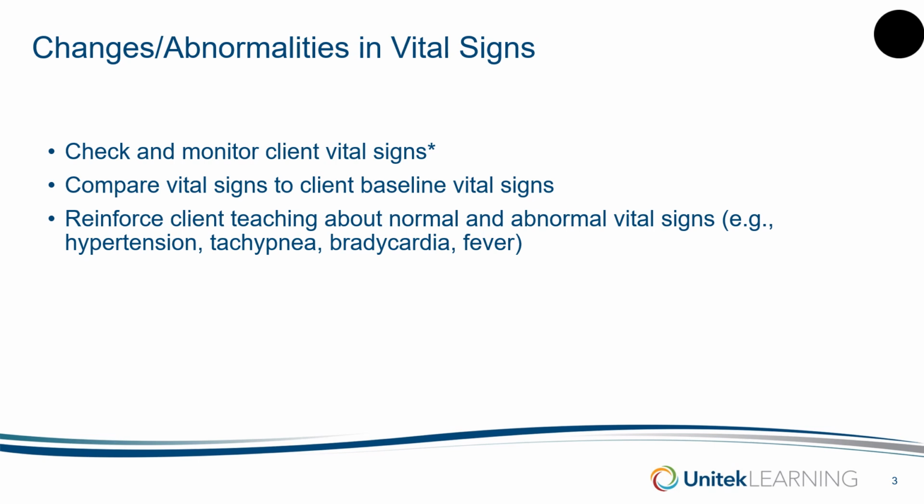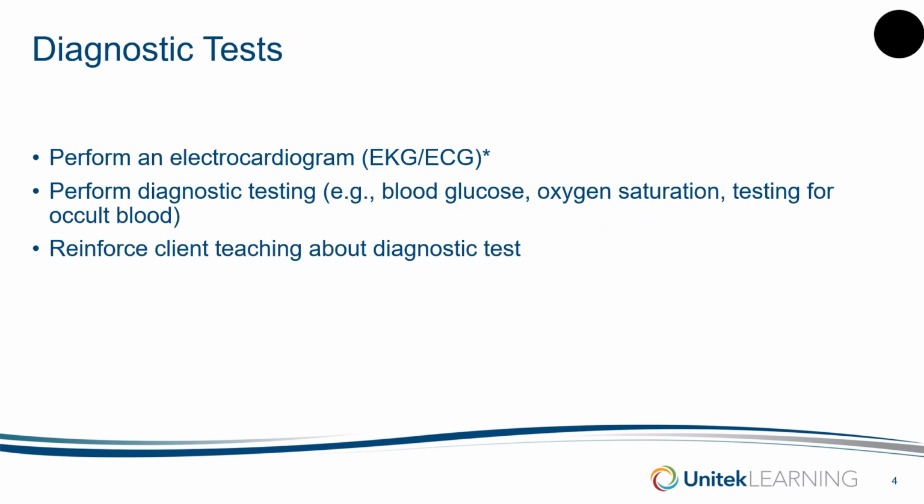As a practical or vocational nurse, your role includes checking, monitoring, and interpreting vital signs, not just one time, but always comparing those back to your client's baseline readings. You need to be prepared to identify abnormal values like hypertension, bradycardia, or fever, and then reinforce patient teaching on those findings.